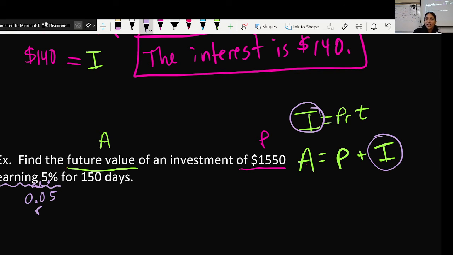This would be like the R, so that would be like this little R here. That makes sense? And then it says for 150 days, well, what would that be? And where does that go? T, and that could go here. Are we getting how this sort of fits together? So let's start to fill things in. This says A equals P, so I can fill in P.